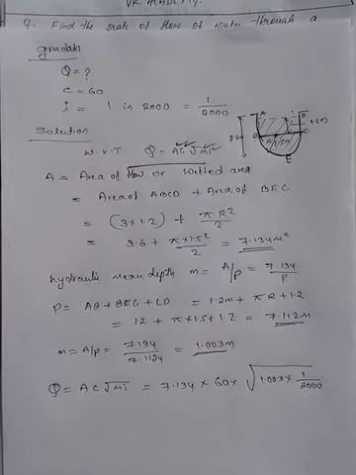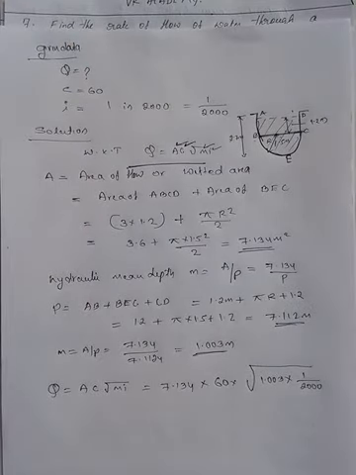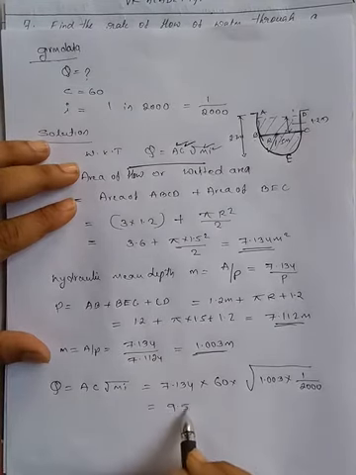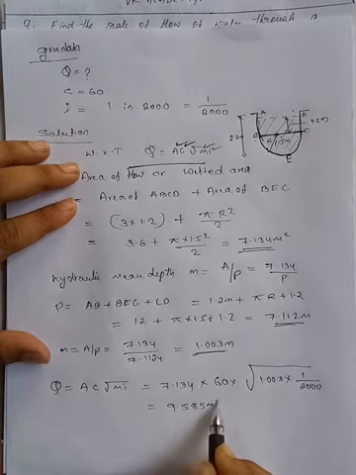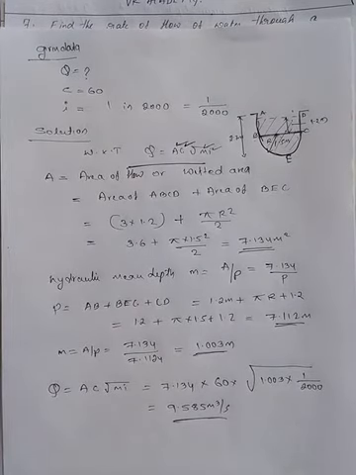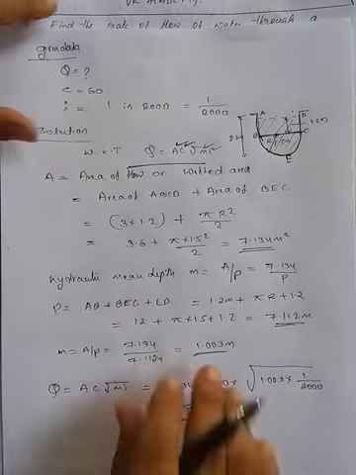Calculate. The final answer will become 9.585 meter cube per second. This is the final discharge of the channel. Over.